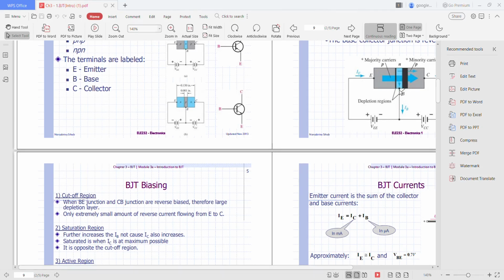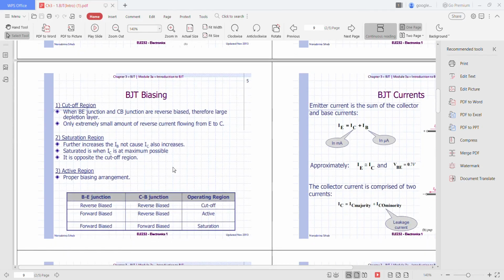This is what we call the depletion layer. It becomes large, one section over here and the other section over here. So only an extremely small amount of reverse current flows from emitter to collector.